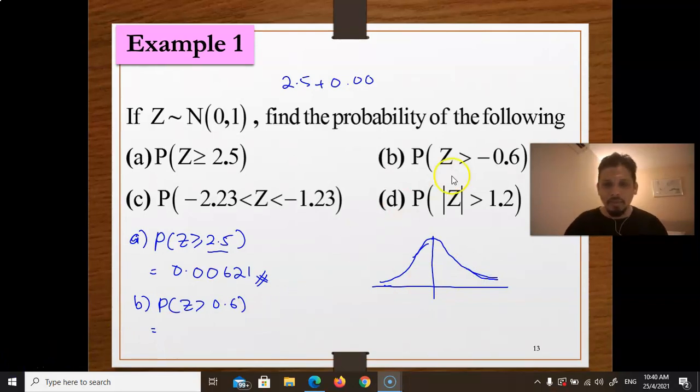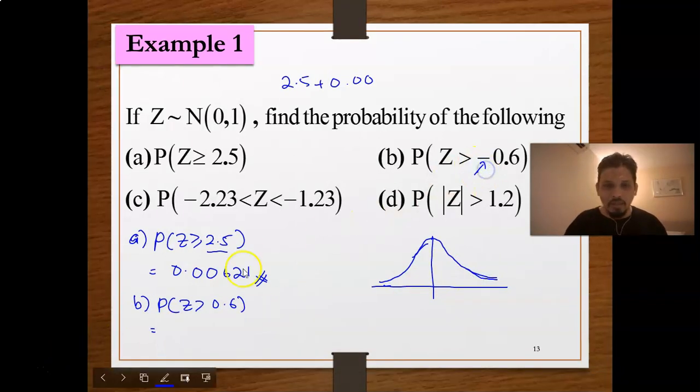So look at the question here. I made a mistake, it is Z greater than negative 0.6. So just imagine that it's a negative 0.6 here, and it is greater than.